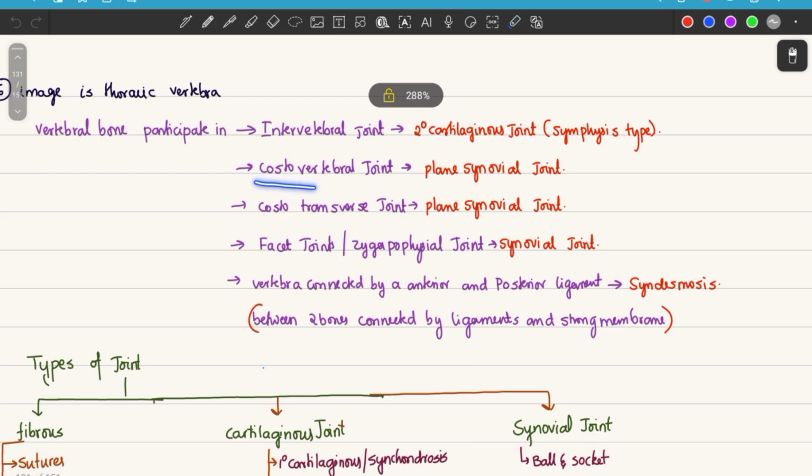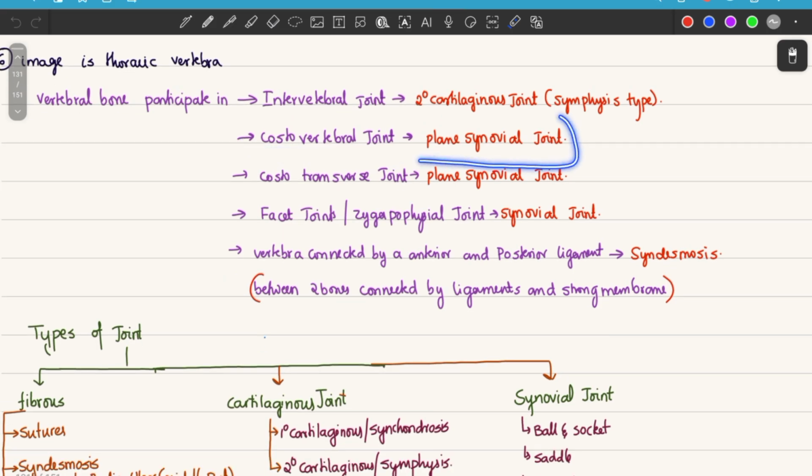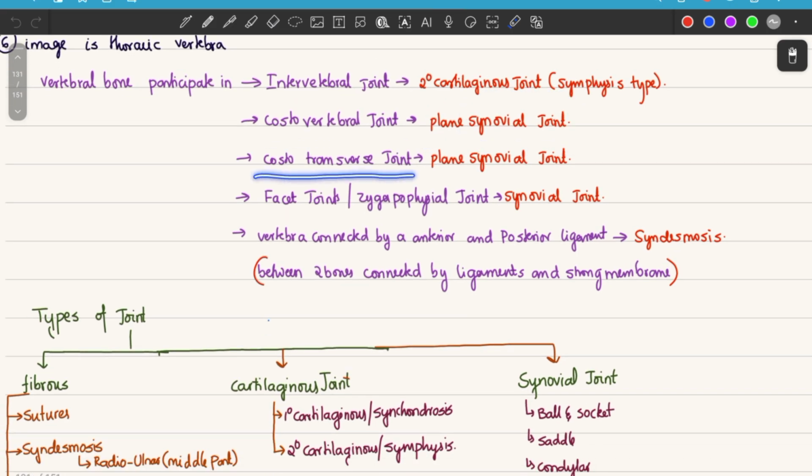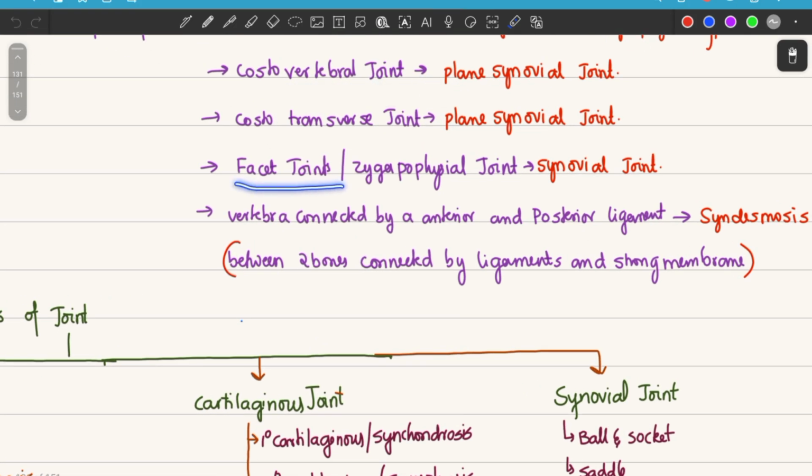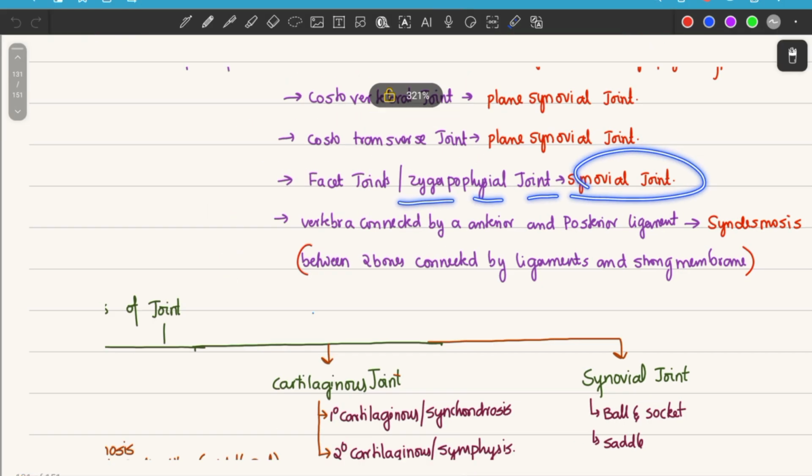Next, the costovertebral joint is a plane synovial joint, whereas the costotransverse joint is also a plane synovial joint. Both are synovial joints. Costo is what? It is a rib, whereas vertebra and the transverse process joint is also a plane synovial joint, and the facet joint or zygapophyseal joint is also a synovial joint.